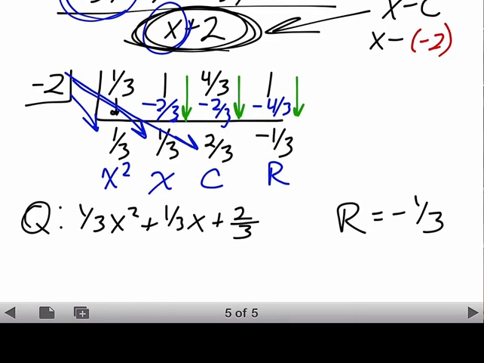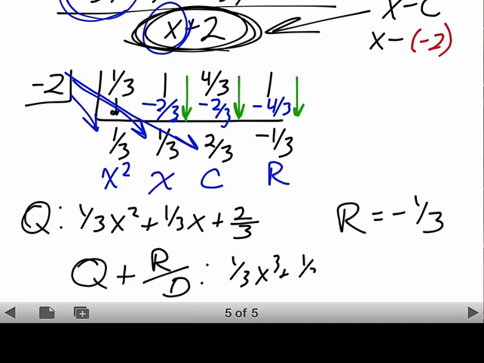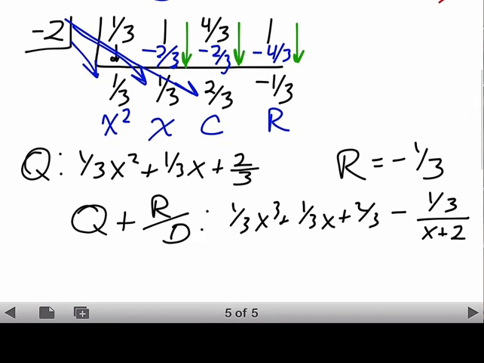So if I wanted to express this as quotient plus remainder over divisor, I'd have to make sure the divisor turns out to be okay. In this case, we'd end up with 1/3 x squared plus 1/3 x plus 2/3 minus 1/3. When we did the synthetic division, that was over x plus 2. But check it out.